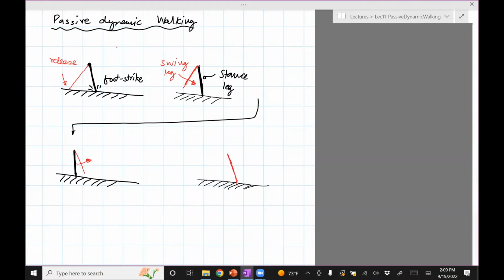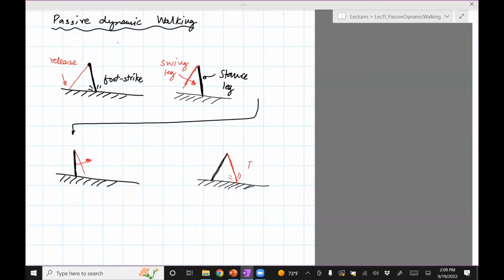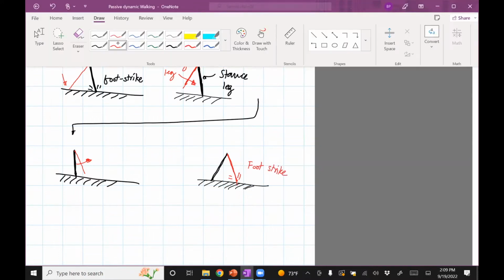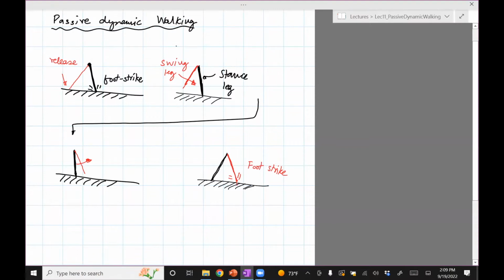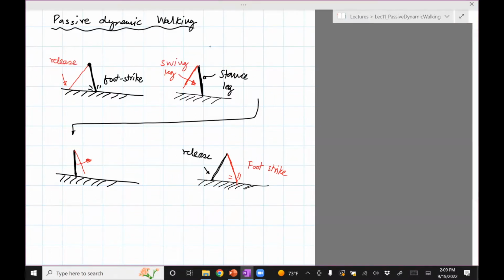So let's draw that in red. And then the trailing leg now is the black leg. And this is, again, foot strike. And the moment that happens, we'll assume that this foot will release, and then we'll have continual motion. Okay, so here, let's call this 1, 2, 3, 4.